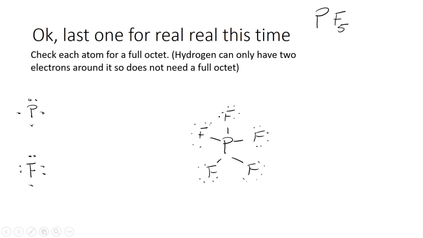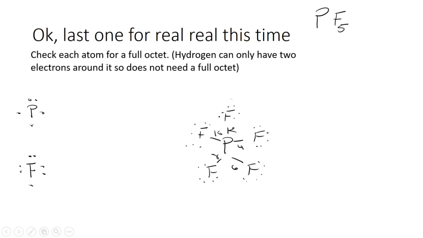Now we check each atom for a full octet. We'll start with fluorines. All the fluorines are the same. We've got 2, 4, 6, 8. Great, fluorine has a full octet. Now we check phosphorus. And we have 2, 4, 6, 8, 10. So it should not have 10.